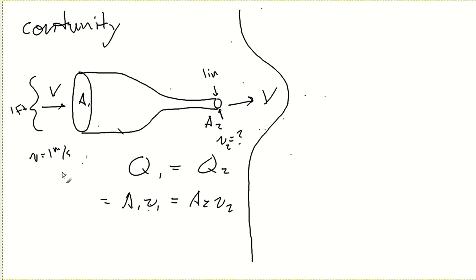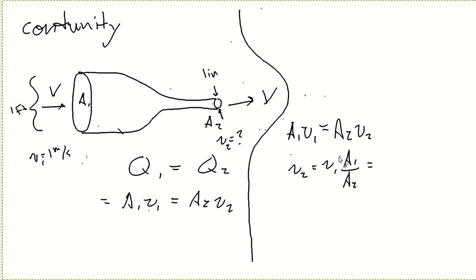So this is V2, this is V1, and just applying continuity, we have area 1, V1 equals area 2, V2. We want to solve for V2, so that's V1 area 1 divided by area 2.